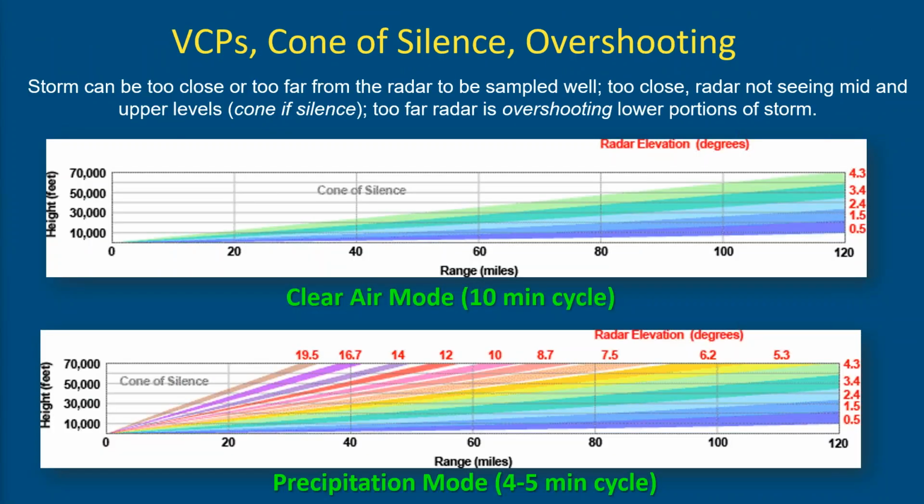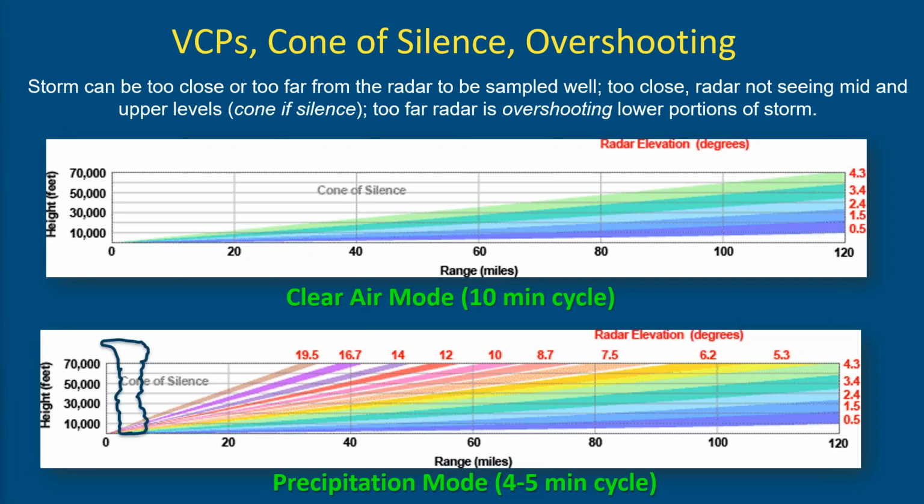So just to review and refresh some of the concepts we've been talking about. The radar is undergoing a scan strategy starting at a low elevation of 0.5 degrees and then incrementing up to about 20 degrees relative to horizontal.